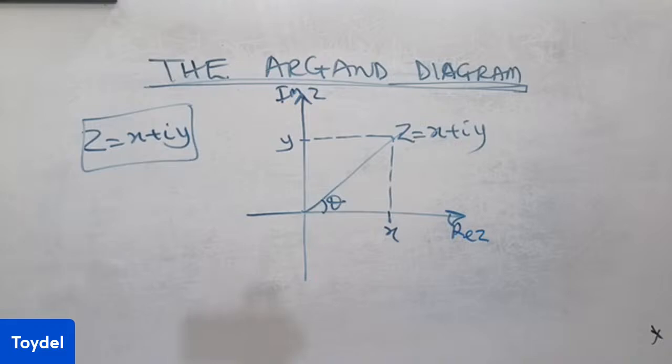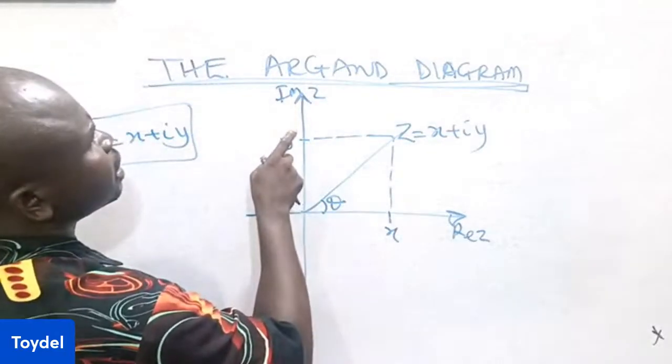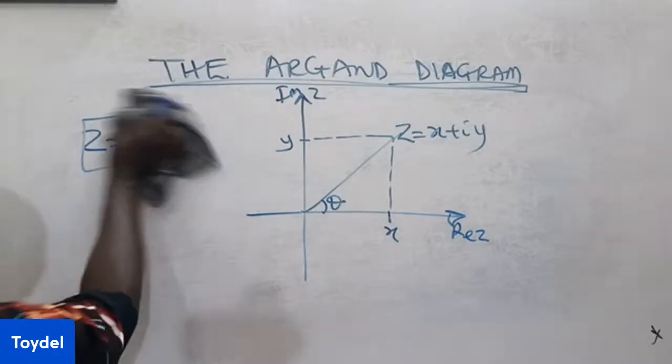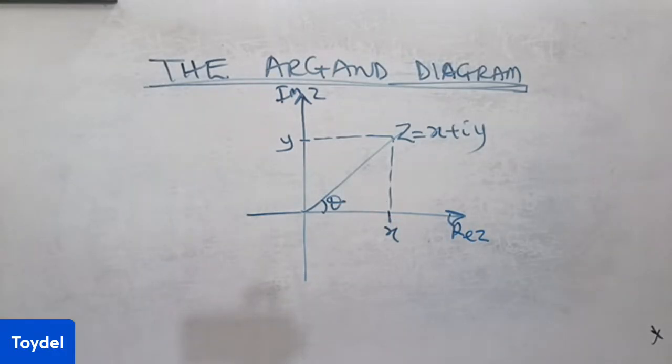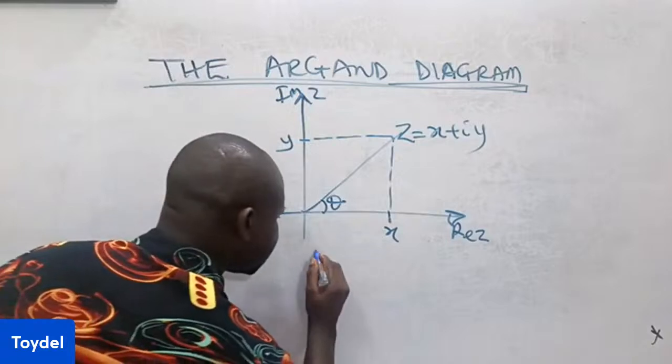So under the Argand diagram, we can find the modulus and the argument of Z. That's what the Argand diagram simply means. Then what will be the modulus of Z? That's what we are about to see. The modulus of this complex number Z is denoted as, let's say, |Z|.